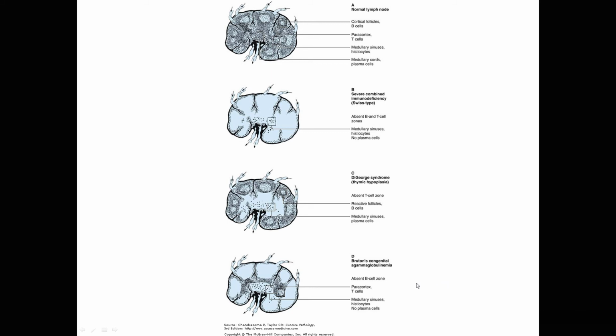In Bruton's disease, there is a lack of mature B cells, as shown on this slide. At the same time, T cells are normally present in the lymph node, while the areas populated by B cells are empty, absent zones filled with this type of leukocytes.